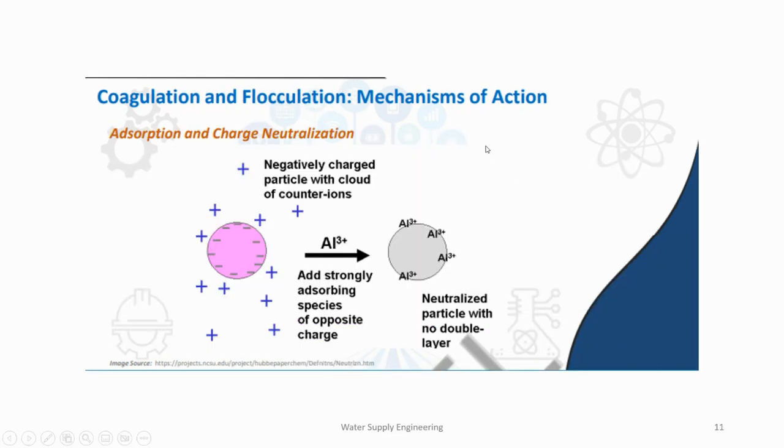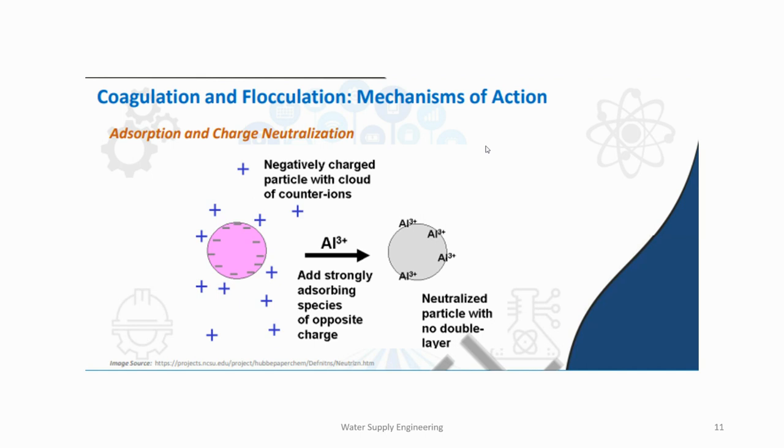Now, the second mechanism of action is adsorption and charge neutralization. So, here the charge of the colloidal particles is neutralized. The negative charge of the colloidal particles is neutralized by the adsorption of added coagulant ions.